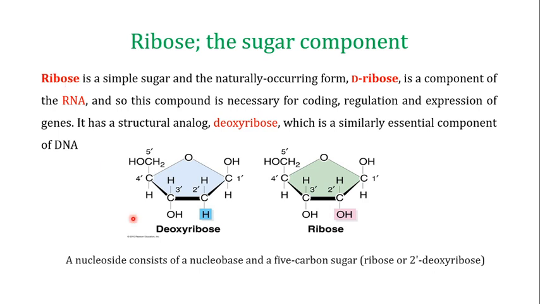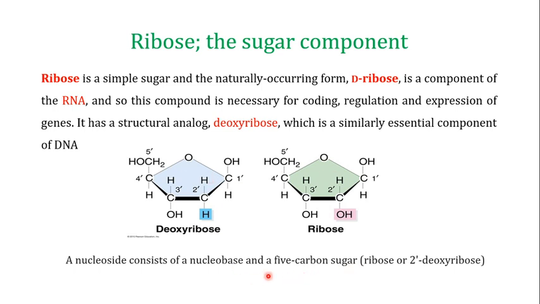One important thing to keep in mind is a nucleoside, which consists of a nucleobase and a 5 carbon sugar. Actually we are using two terms. One is known as the nucleoside and the other is known as a nucleobase. These are two vocabulary terms, so you should differentiate between them.